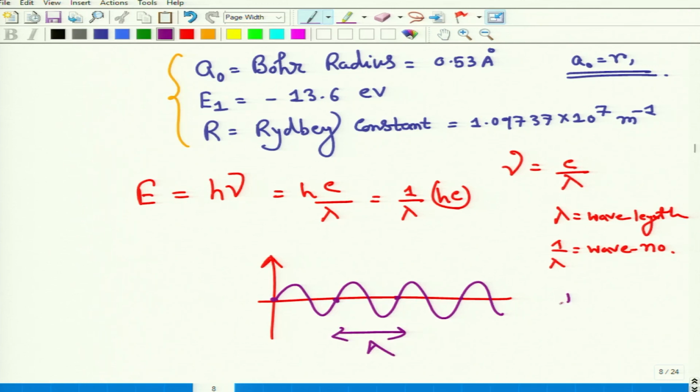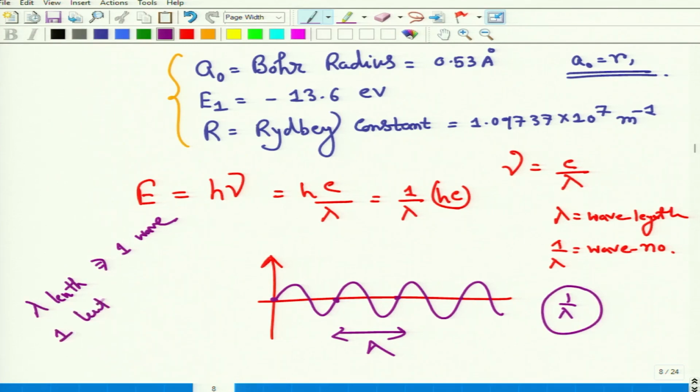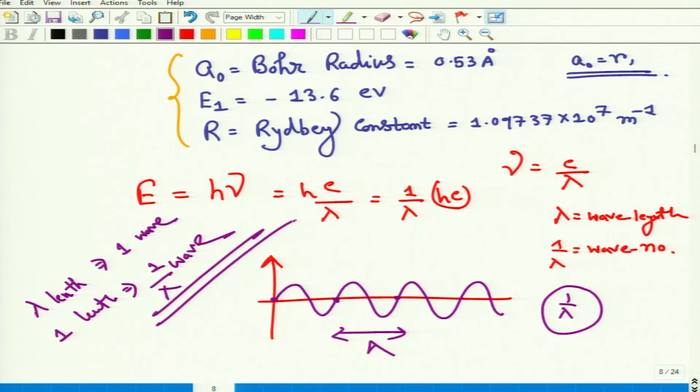Then 1 by lambda should be the number of waves present in one unit length. In lambda length there is only one full wave, so in unit length there must be 1 by lambda waves. That is the number of waves present in unit length, so that's why it's called the wave number.